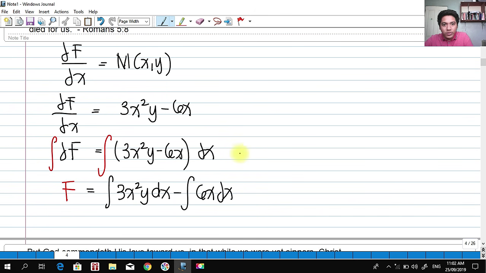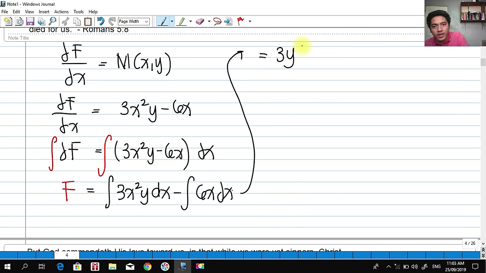Okay? So what are we going to do? We are integrating in terms of x. So any other variable rather than x should be treated as constant. So this y is treated as constant, and we have no constants here but the 6, and also the 3 here. So what can happen here is that it should now be equal to, I can factor out the constant 3 and y outside of the integral.